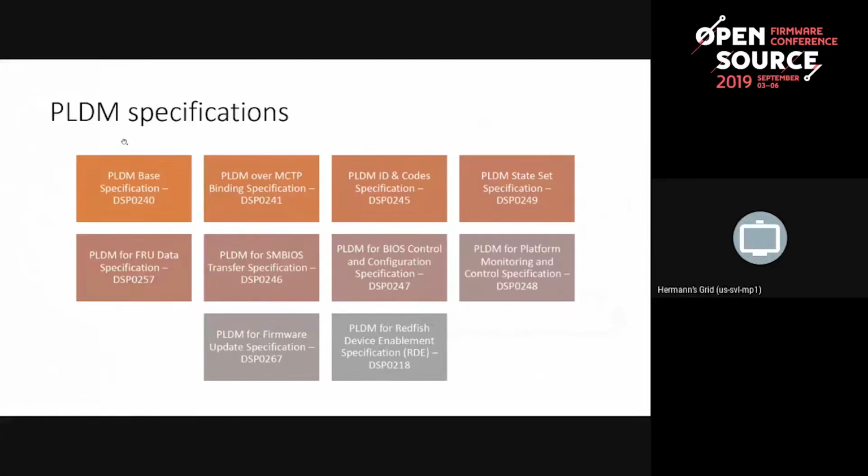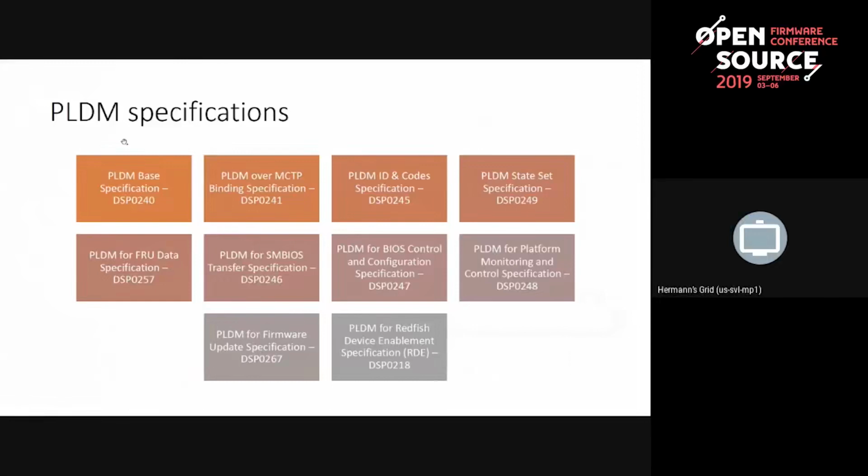There's a binding specification that lets you transport PLDM payloads over MCTP. There is a PLDM ID and code specification, which just defines IDs for each of these specs that you look at here. Then there's a PLDM state set specification. Similar to IPMI, PLDM has the concept of entities.